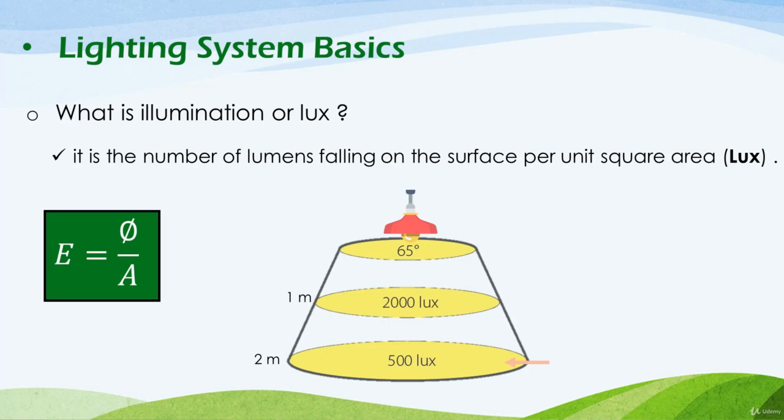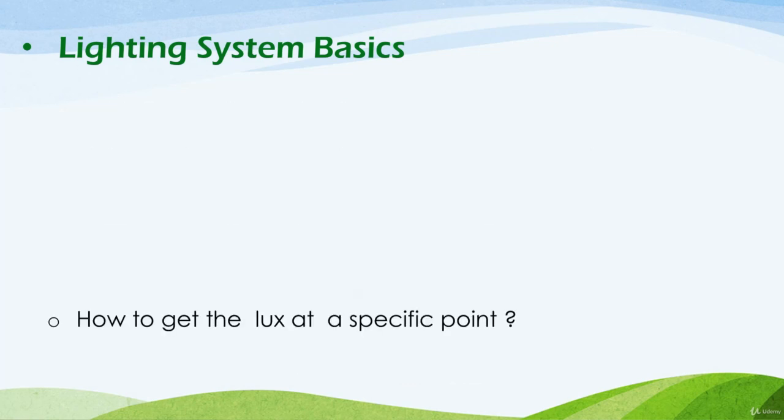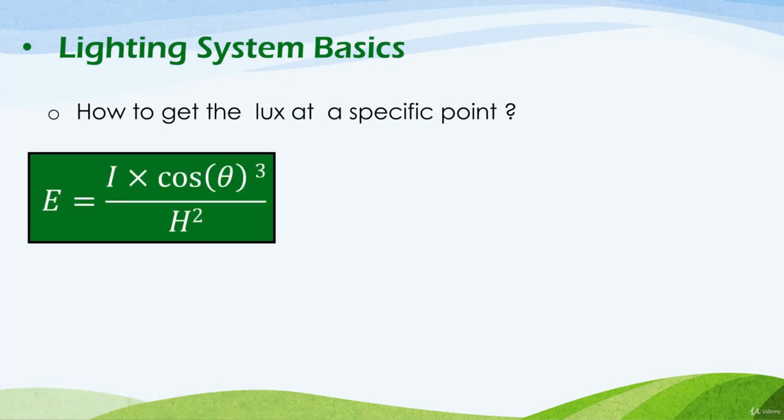But you know, the illumination can be determined also at a specific point, not at a specific area. So if we need to calculate the illumination at a specific point, its relation equals I times cosine theta to the power 3 over h to the power 2. I know that you don't understand anything from this relation until now, but we will break it into some simple pieces to understand it.